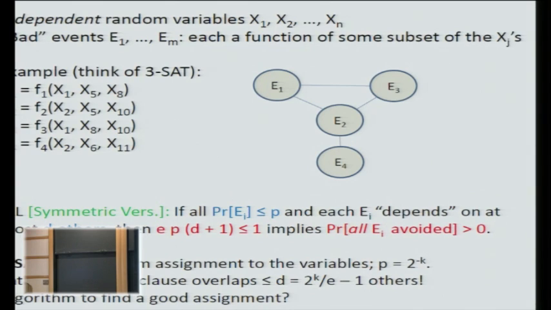So the probability that all the bad events E_i in I are avoided is something like this. So this is approximately exponential in minus m p over d, excuse me, mp over d, which basically is like m over d squared.